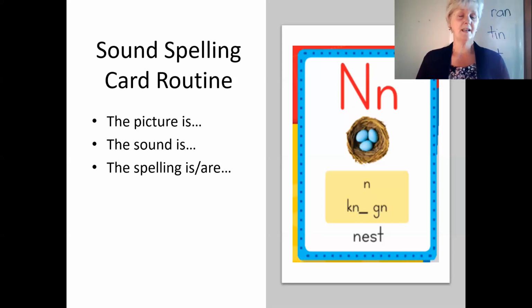Now as he's reading or writing, if he comes to a sound that he's trying to represent, all I have to say is tiger, and he knows T. If I say apple, he knows, so he can put that into either his blending or his writing. So these sound spelling cards are really important as you are thinking.